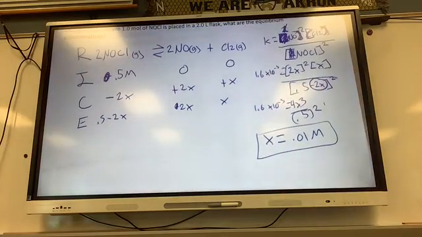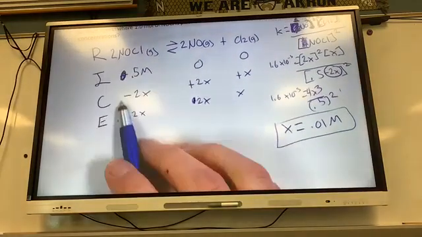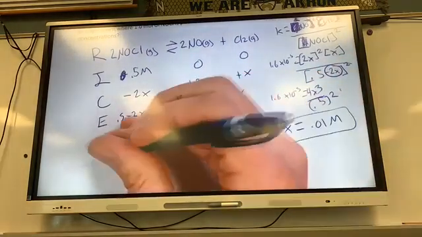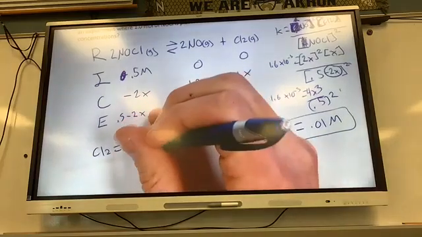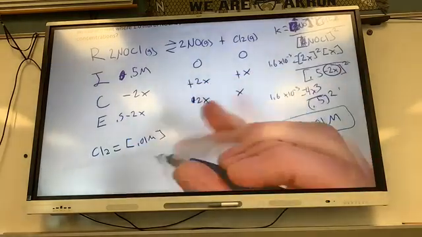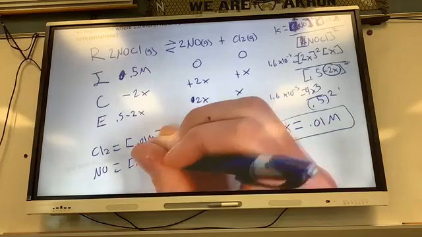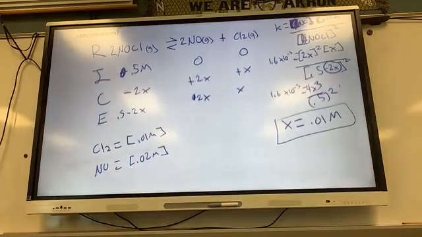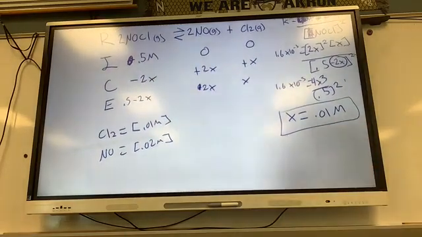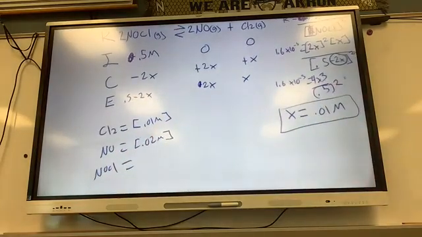Now, I know everything. So, concentration of Cl2, that's the easiest one. Cl2 is just x, so that's 0.01 molar. NO is going to be double that, so that's 0.02 molar. And then my NOCl, a little bit more math, that's going to be 0.5 minus 0.02, what is that, 0.4?